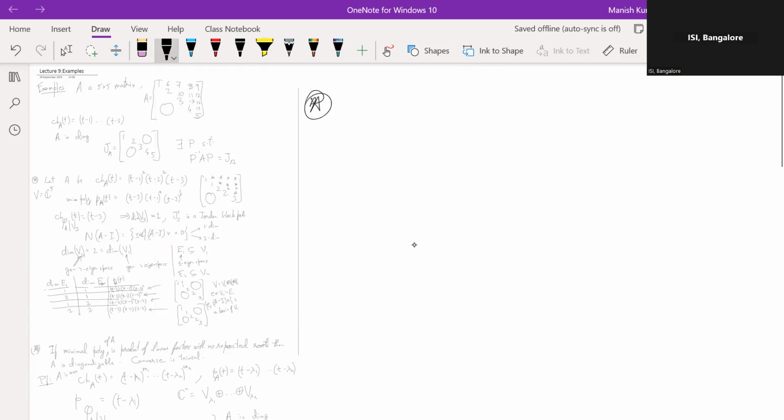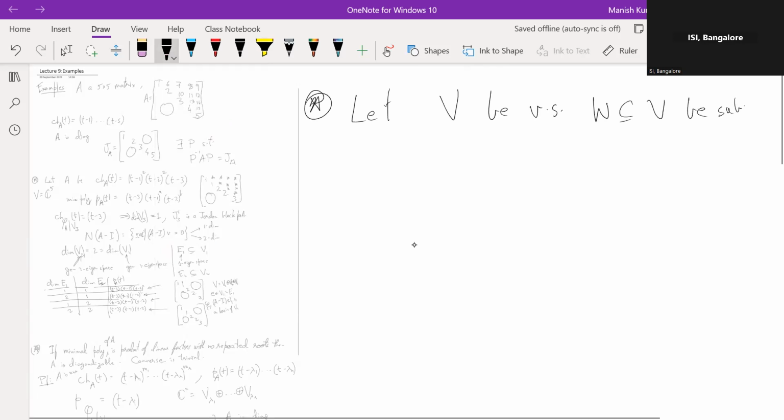So let V be a vector space and W contained in V be a subspace, then we can consider V mod W. Yeah. So V mod W is, as a group, you know what it is. Do you know what this is as a set?